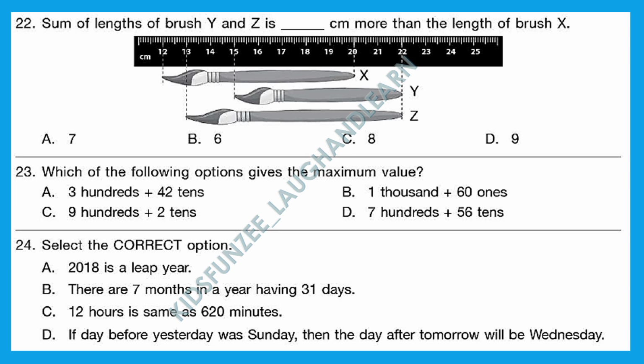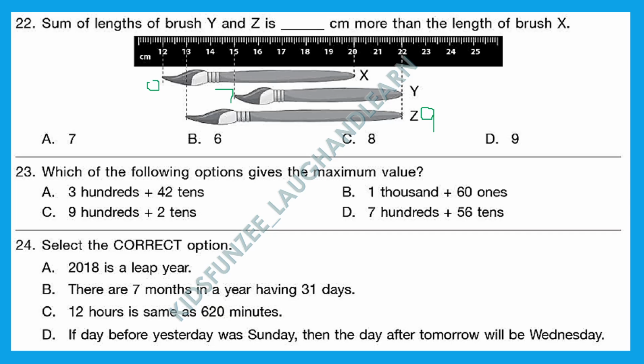It gives 9. Then Y is from 15 to 22. Let's do the subtraction. 22 minus 15 gives 7. And then X is from 12 to 20. So 20 minus 12 is equal to 8.